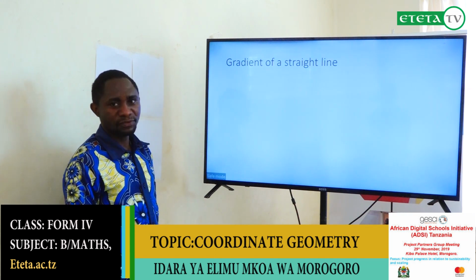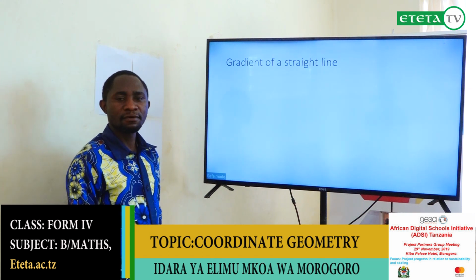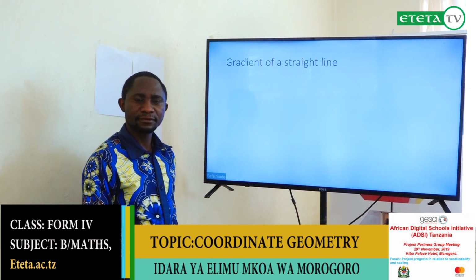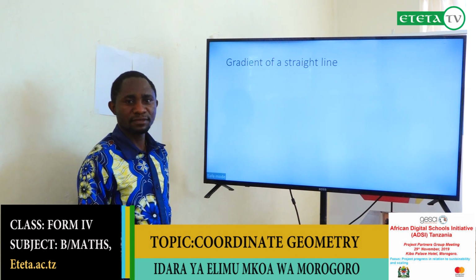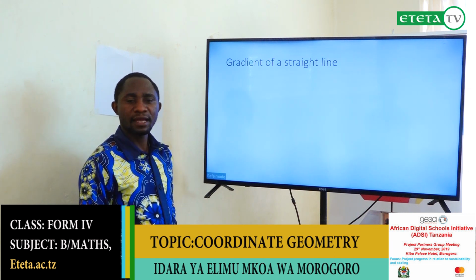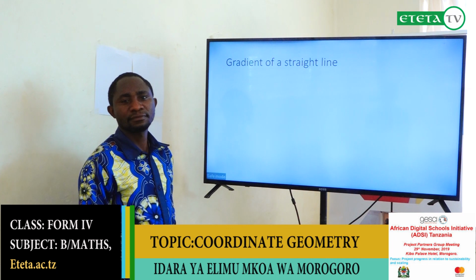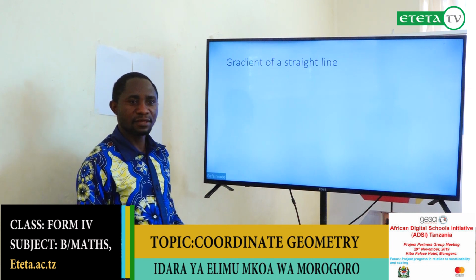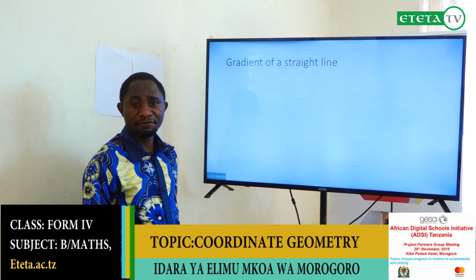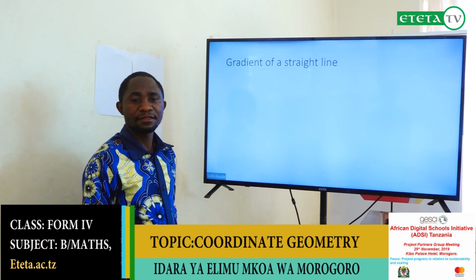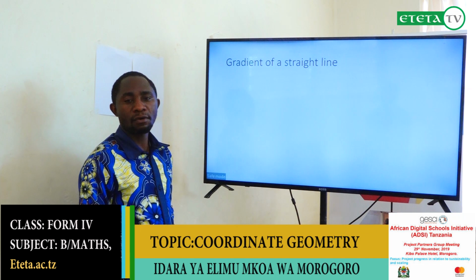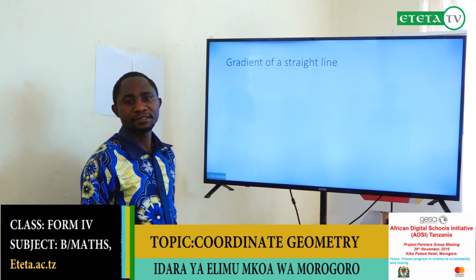Now, let us start with the gradient of the straight line. What is a gradient? This is not a new term to you. Try to discuss with your fellow student whether you remember the definition or concept of gradient.